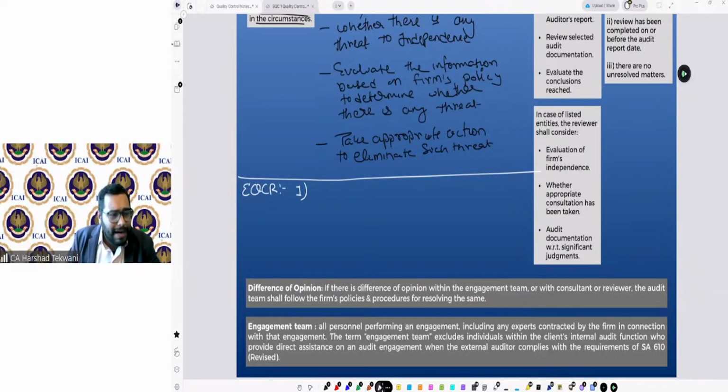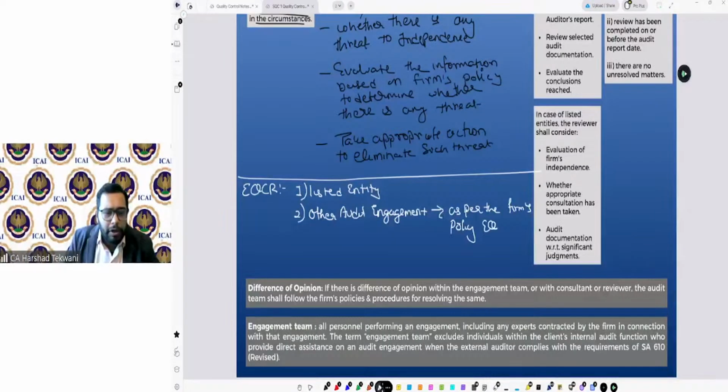One, listed entity. Second, other audit engagements for which the firm has determined that the engagement quality control review is required as per the firm's policy.